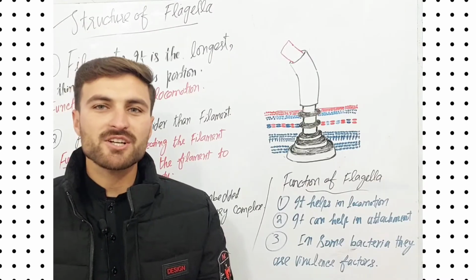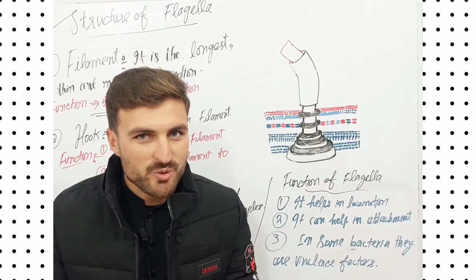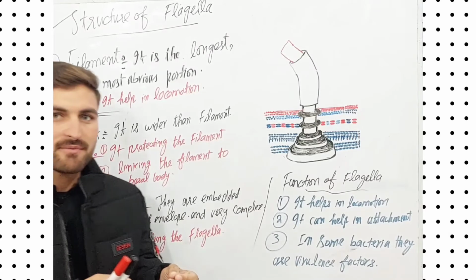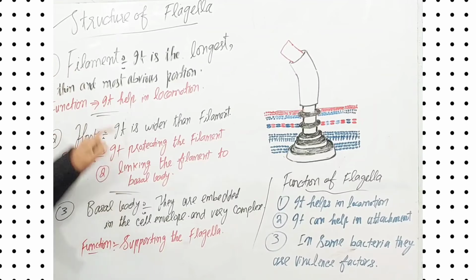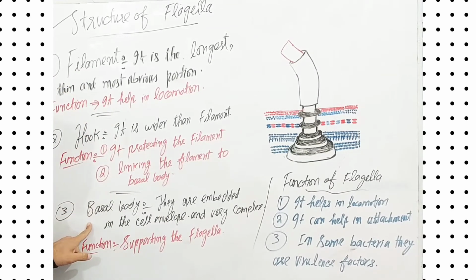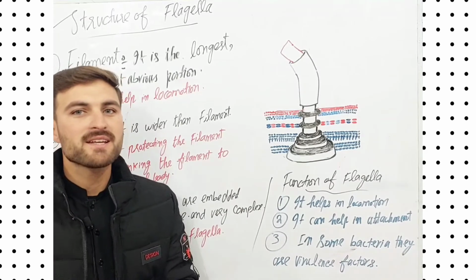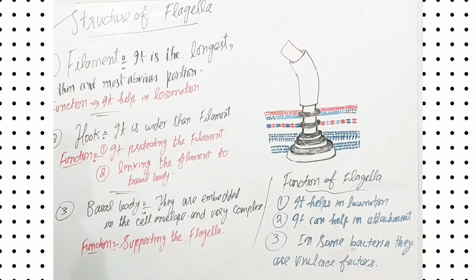After having discussion on the flagella and the types of bacteria, now let's proceed to the third topic, that is the structure of flagella. If we observe a flagella, we can see three parts. One is filament, second is hook, and the third one is basal body. Let's discuss these three parts one by one in a little bit of detail. What is a filament?